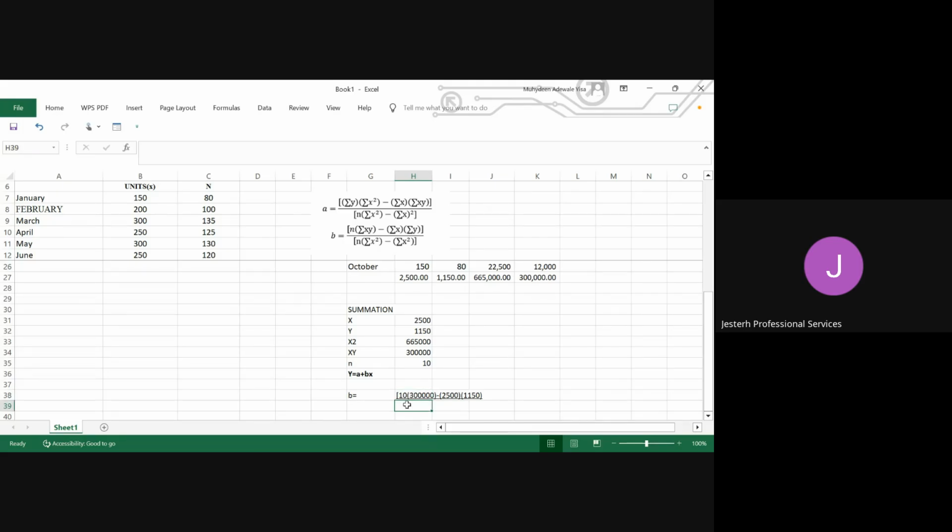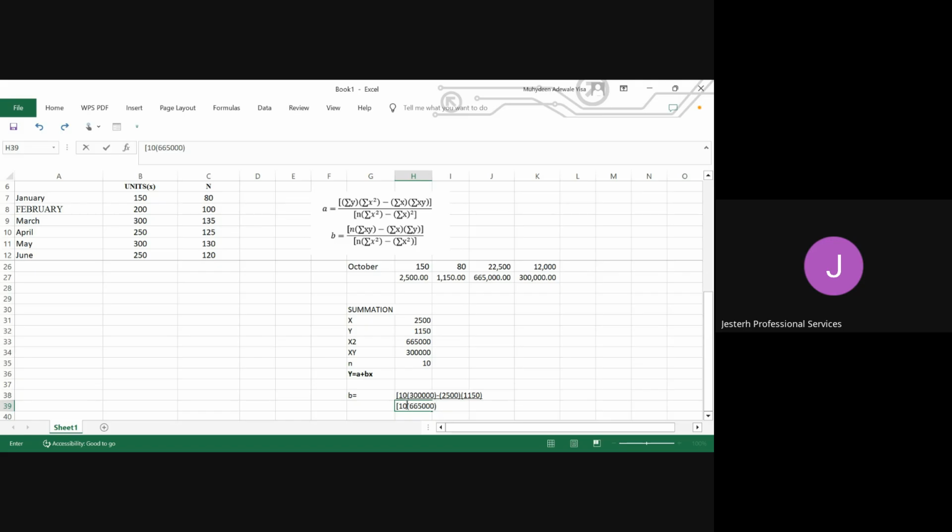Then you come to the downside. You open the brackets, and then 10, our N stands for 10, open brackets, summation of X squared. Now, what is our summation of X squared? Our summation of X squared is 665,000.